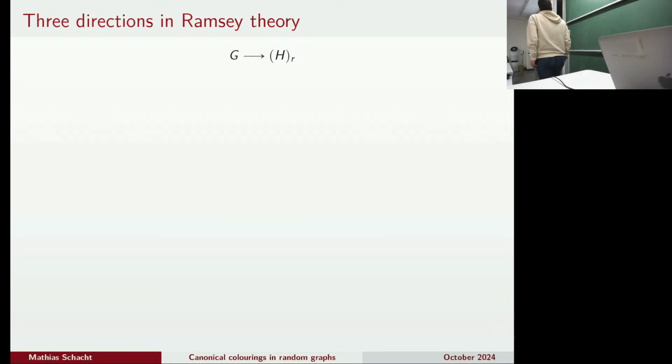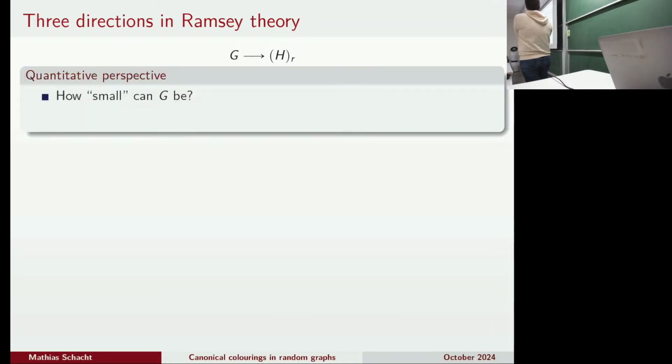Before we go too much into my topic, I would like to say my view on Ramsey theory, or what I consider the three major branches of Ramsey theory, which I was told. The one which usually gets a lot of attention is that you want to know properties from some quantitative perspective: how large is G compared to H and r?